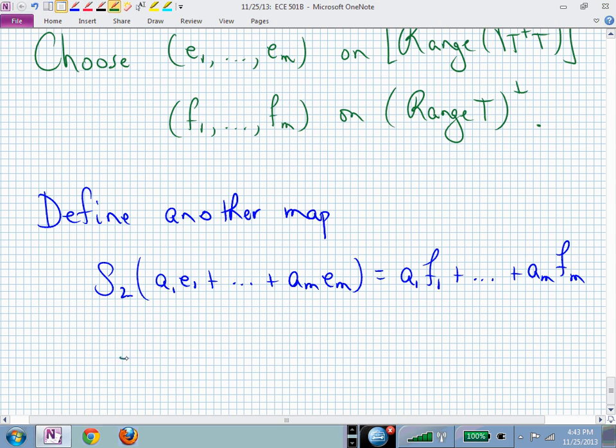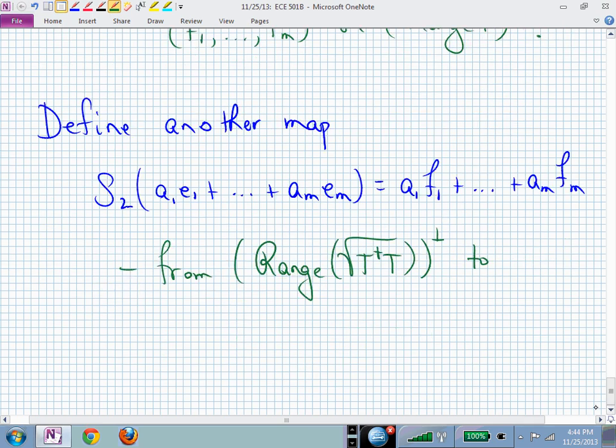And this map is actually going from the range of the positive square root of T dagger T perp into the range of T perp.